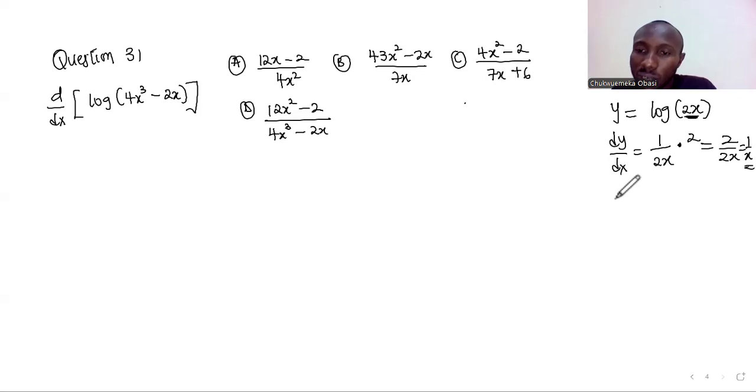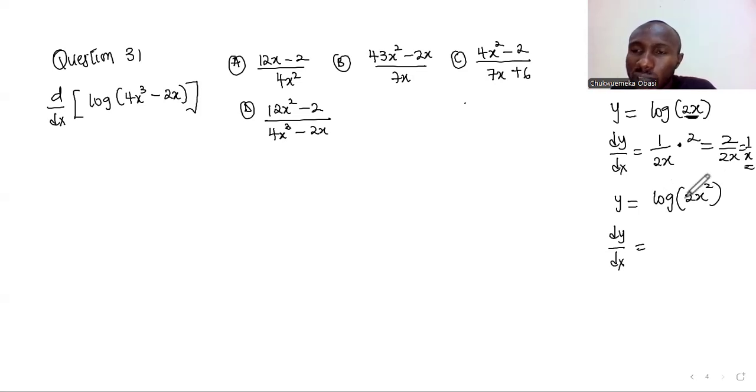So let me give you another one that's a little bit advanced. If you have log of 2x to the power 2, and you're asked to differentiate this function, how would you go about it? Remember, whenever you differentiate a logarithmic function, you have 1 over the argument. So the argument here is 2x squared, right?